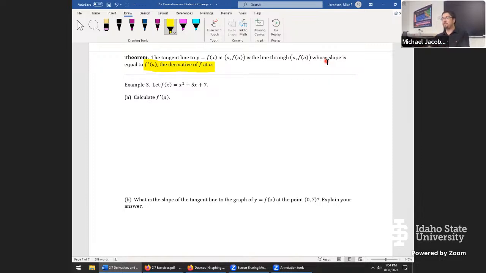We say we derive it from the original function. That's part of why it gets its interesting name. So when you see f prime at a, we're calculating the derivative, but the disservice the theorem does here is that it doesn't tell us the formula. What I would suggest is that each time you go to calculate the derivative by the definition, it's a good idea to just write it out.